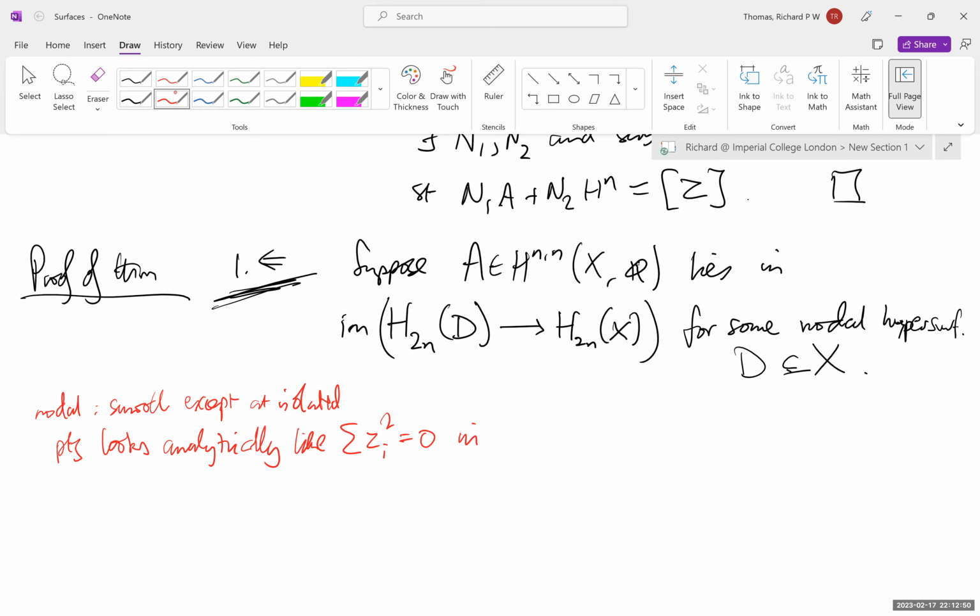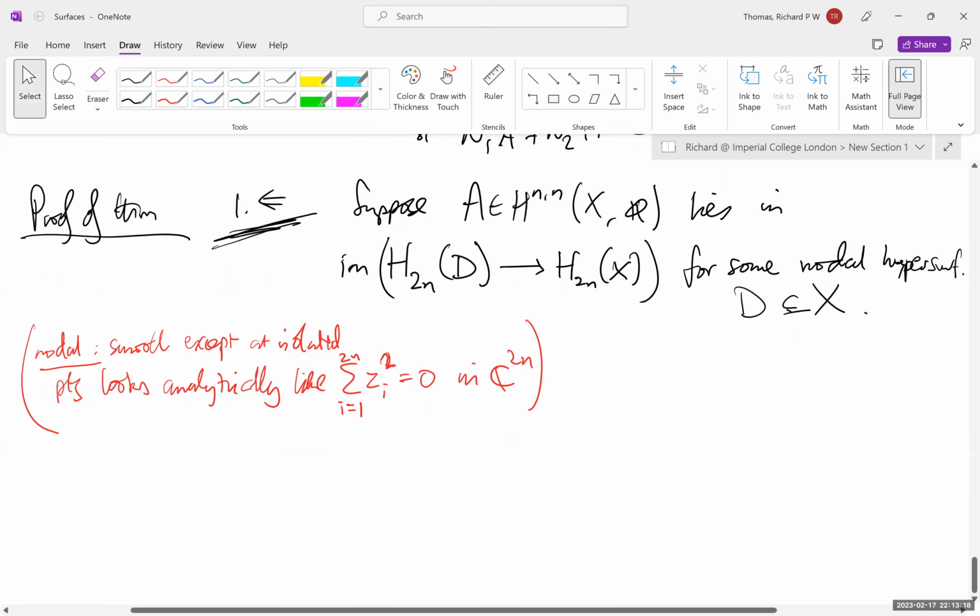In what dimension are we? I'm in dimension 2n, so I'm going to go for x to the 2n, and I'm going to take a non-degenerate quadratic form, sum from i equals 1 to 2n. So the hypersurface has this quadratic singularity at finitely many isolated points and nothing else, otherwise it's smooth.